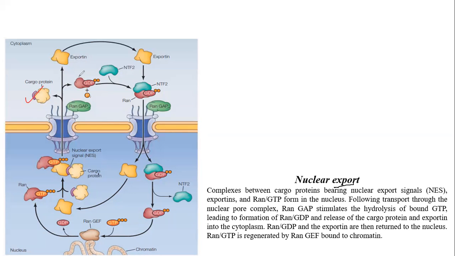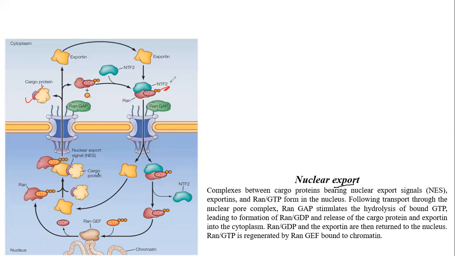And then exportin has to be bound to RAN GDP so that it can get out. And once it's outside, RAN GDP is dissociated. And then exportin is recycled back through the nuclear pore. So exportin has to bind to NTF2 too.